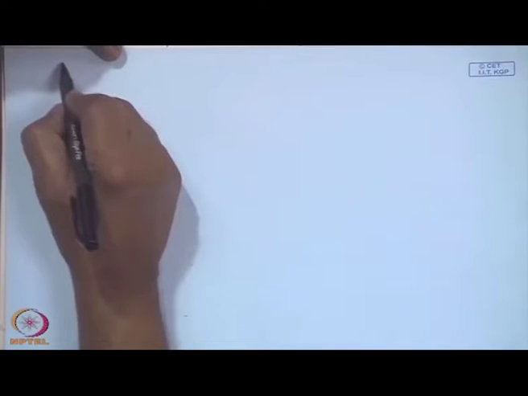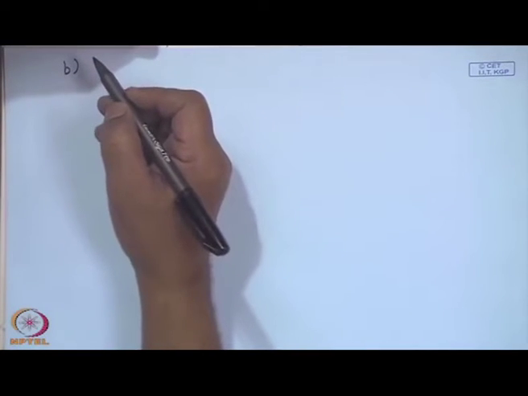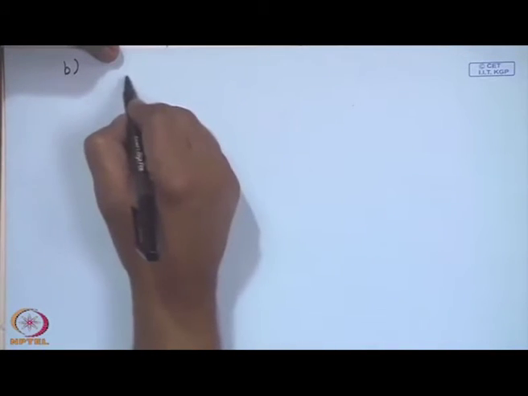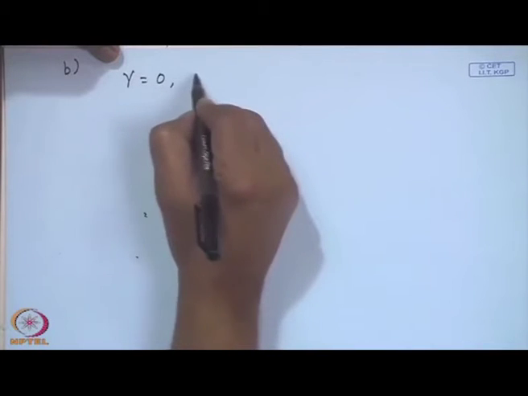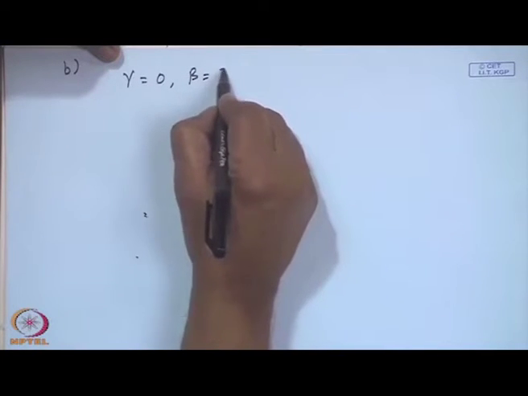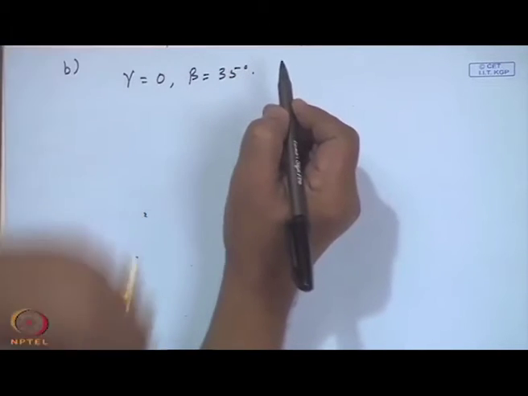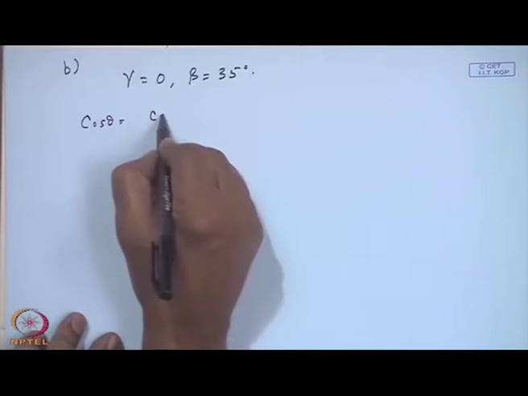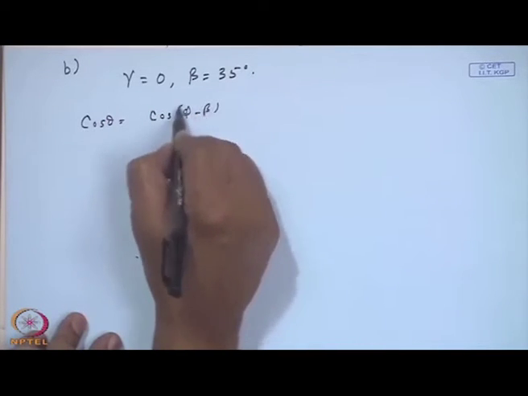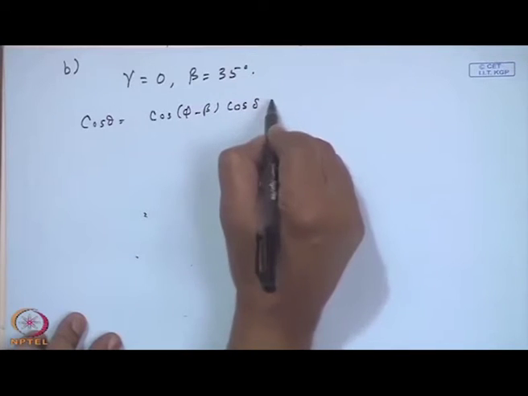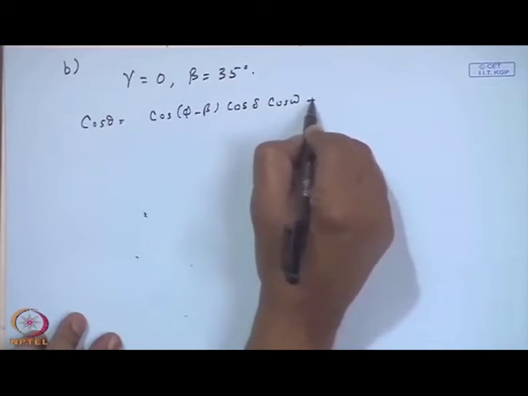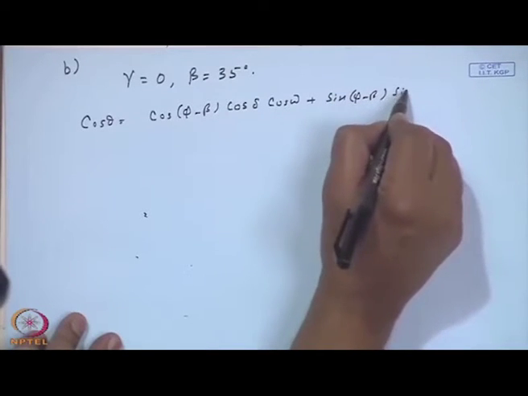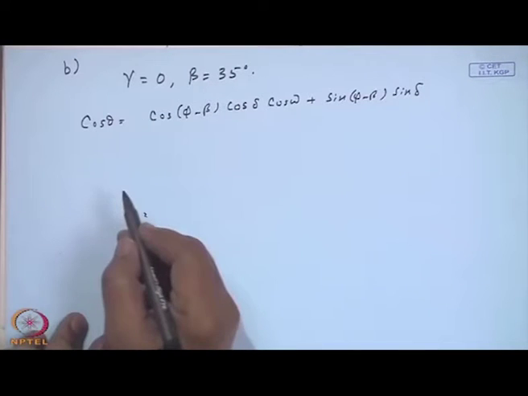Then B is tilted to south at a slope of 35 degrees. So, gamma equal to 0, beta equal to 35 degrees. So, my cos theta will be cos (phi minus beta) cos delta cos omega plus sin (phi minus beta) sin delta, right.